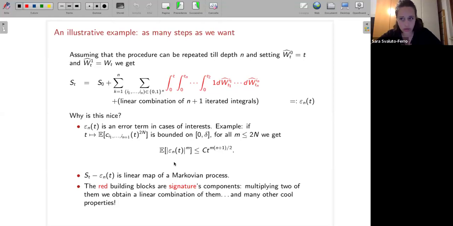There is no control yet here. We are just approximating a process, it's like doing an approximation of a continuous map with a polynomial for small times. We are doing Taylor, essentially, but for stochastic processes. I'm not sure that I answered this question.